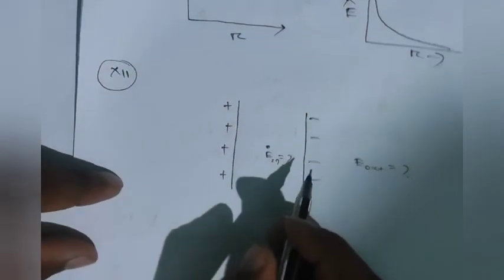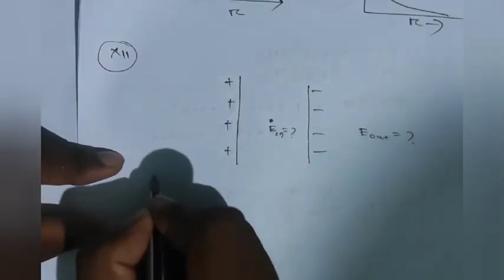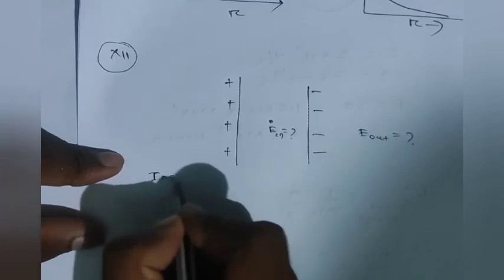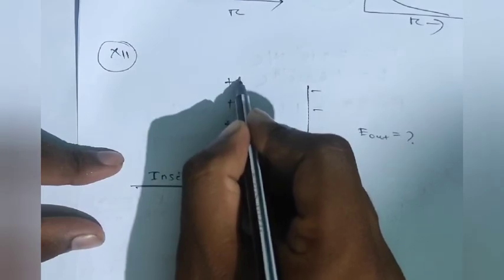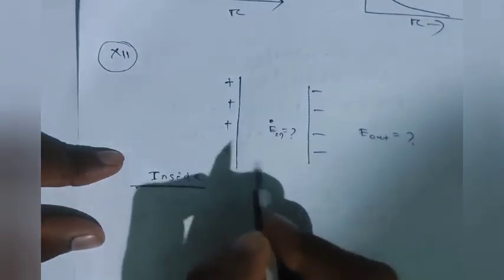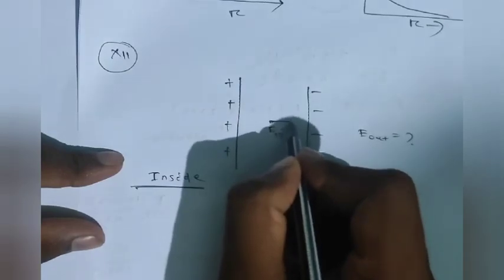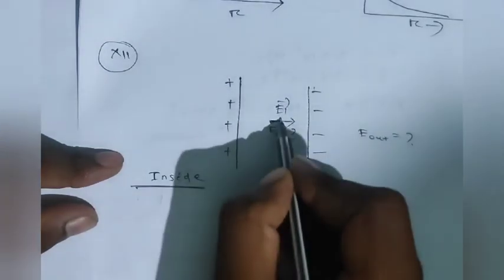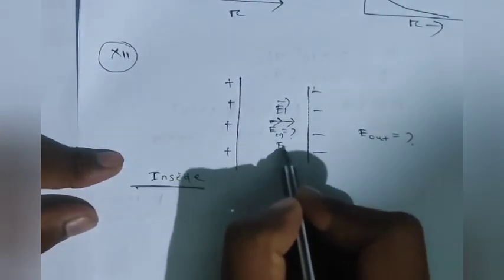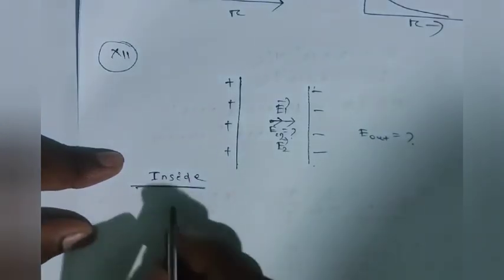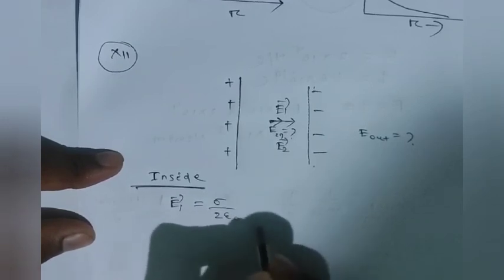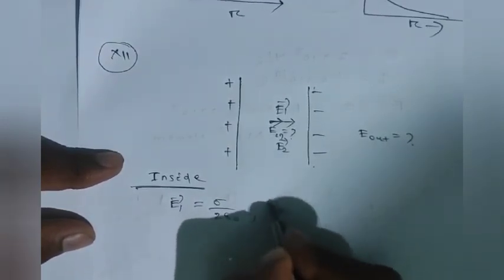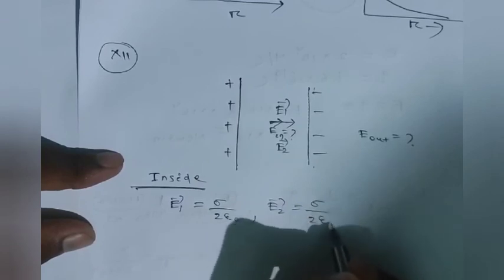So we first calculate the electric field inside. The electric field due to the positive plane charge sheet will be directed along this direction, and due to the negative charges the electric field will also act in the same direction. We know the electric field due to a plane charge sheet is sigma by 2 epsilon naught, and it is the same, sigma by 2 epsilon naught, for both.